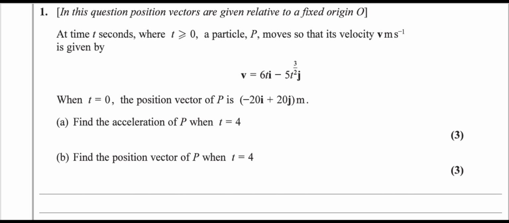Here, v is a function in t, and therefore to find the acceleration we have to differentiate v with respect to t. And after that, we will put t equal to 4 to find the acceleration at t equal to 4. So let's write v equals 6t i minus 5t to the power of 3 over 2 j. Then a is equal to dv by dt.